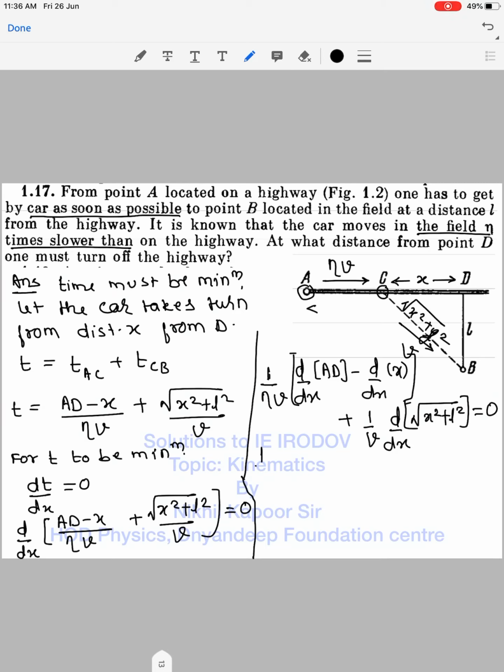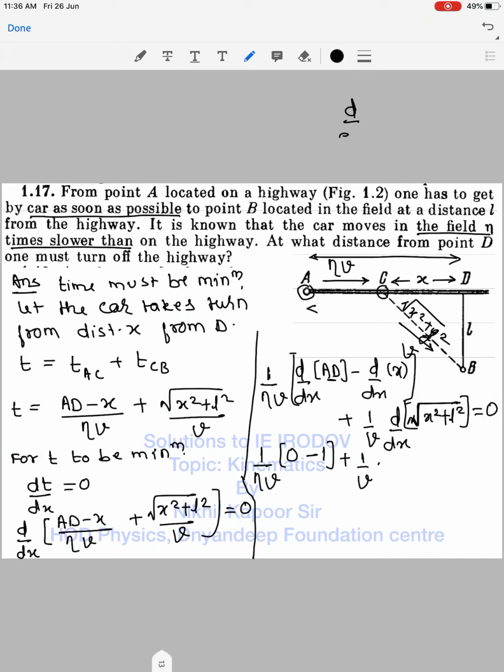Okay, so here 1 upon eta v in bracket, AD is constant because the distance from A to D is fixed, so the derivative of constant is 0, minus derivative of x with respect to x will be 1, plus 1 upon v into. So this is chain rule because in the root function there is one more function.